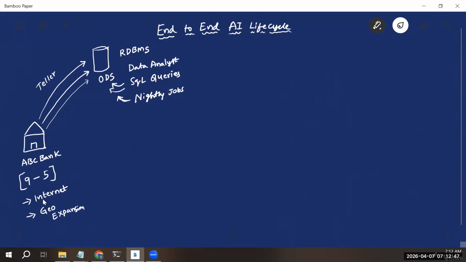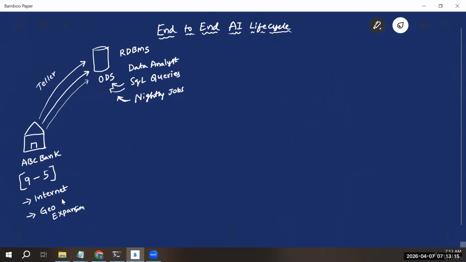First reason was internet was adopted. And the second was geographical expansion. That means that a company which is in one geography opened their branches in other geographies. Suppose a bank in US, it opened the branches in Singapore, Dubai, and India, UK. So likewise, it opened the branches across the world.